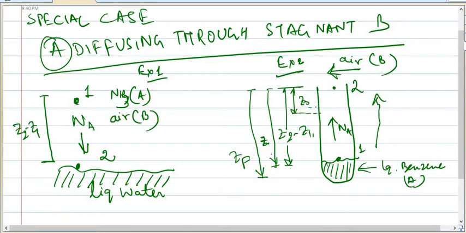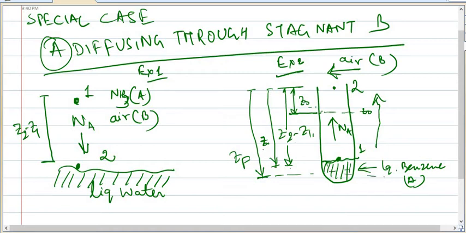After a certain time, at the final time period, the level drops after evaporation of liquid benzene to a certain level, that is ZF. Initially, the liquid benzene in the test tube was at the level of Z0. Finally, it is at the level of ZF.